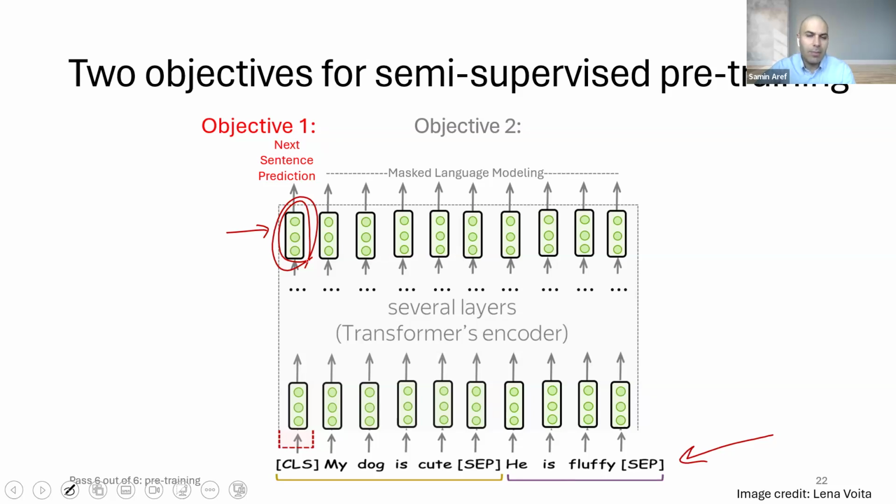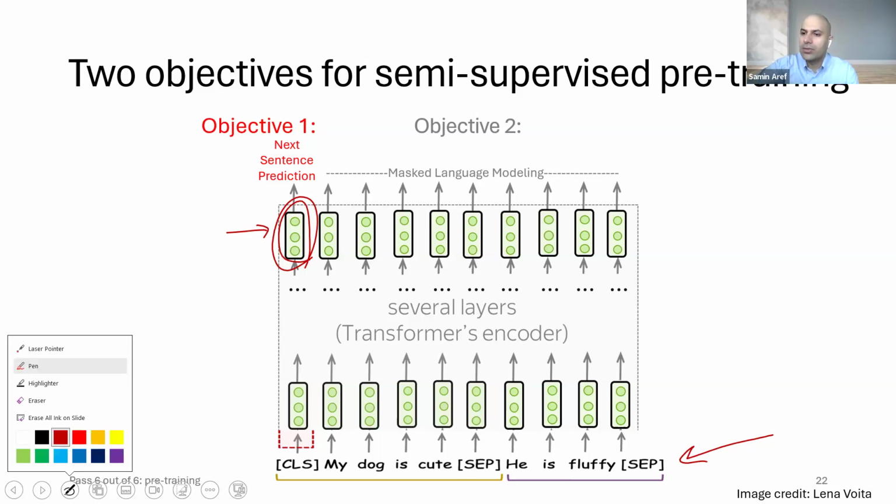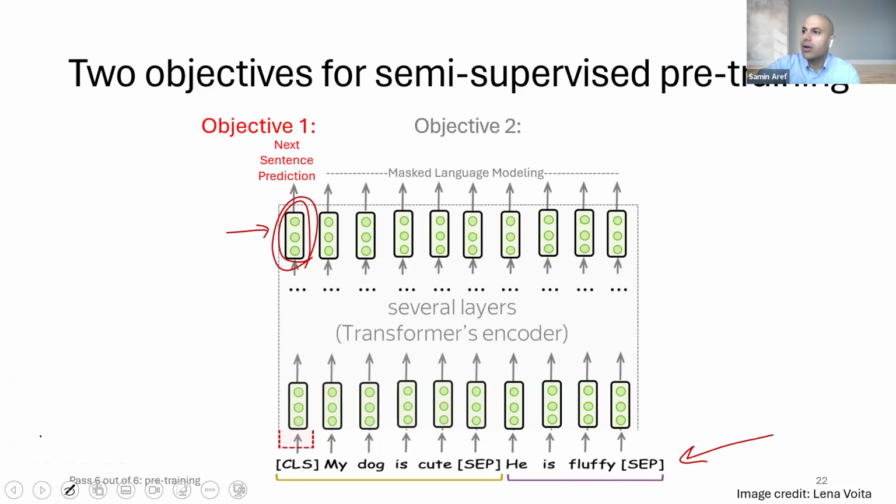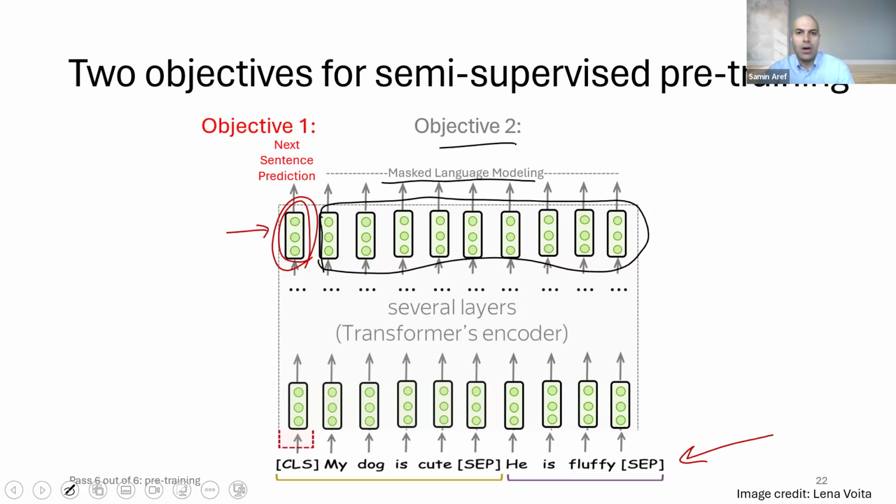You can imagine that all these other vectors are potentially relevant for objective 2 of pre-training BERT. In the pre-training, BERT is simultaneously trained for both the NSP objective and the MLM objective.